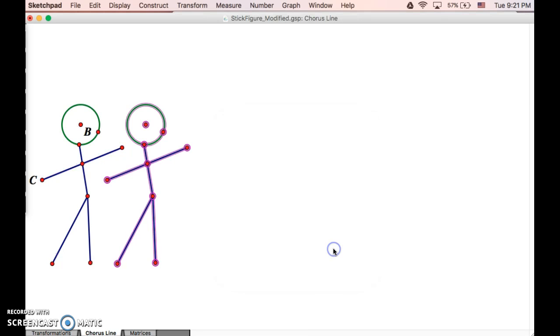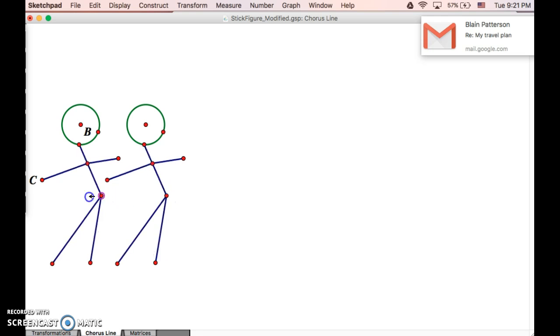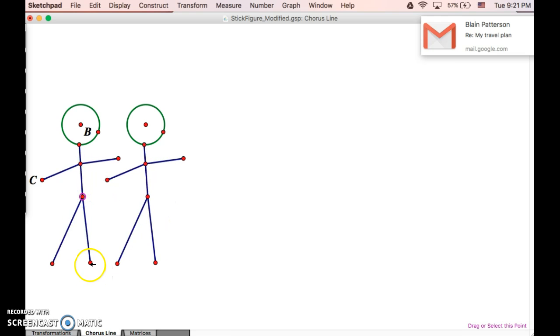So we say translate. Now let's test some properties of that transformation. If we move the pre-image, the image moves accordingly. Let's try the opposite. Let's make them dance.